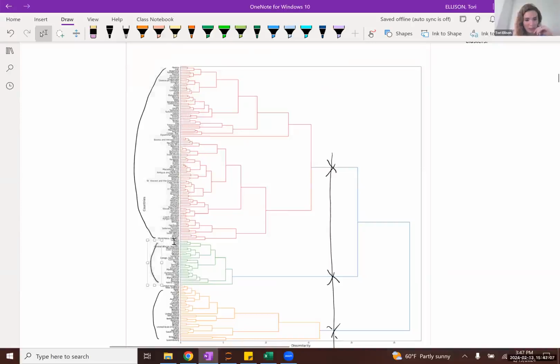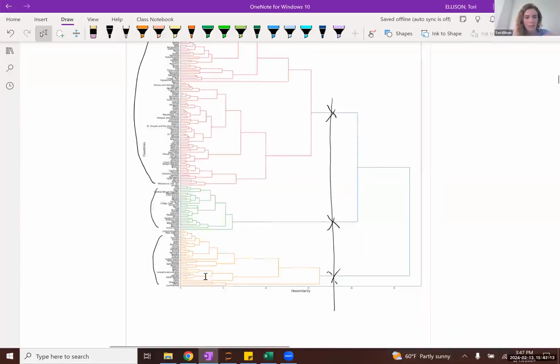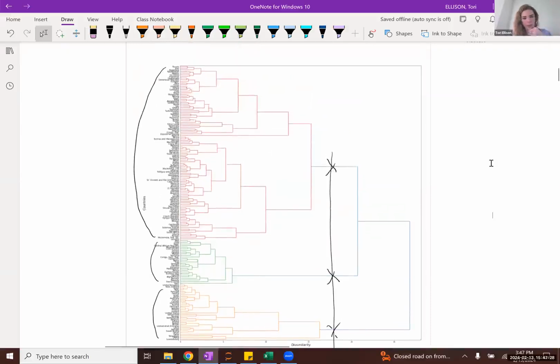Or in other words, these 2 clusters of countries are closer to each other than, for instance, these 2 clusters of countries. That might be relevant information that, let's say, climate change international negotiating bodies might want to know, based on how they want to use that information.